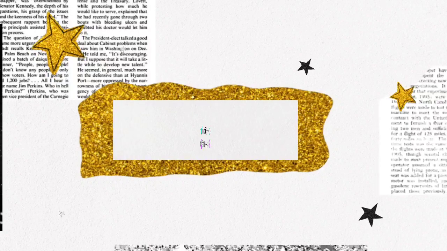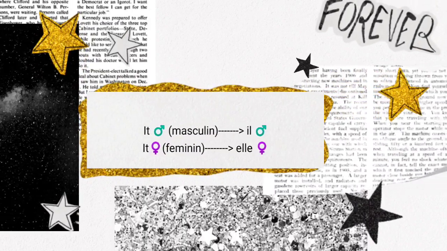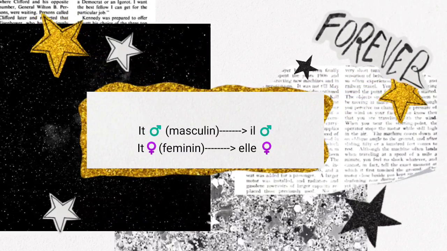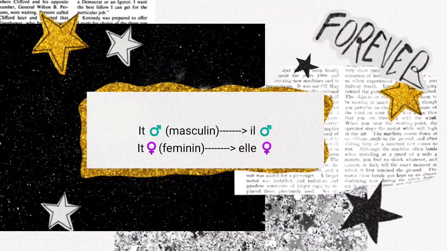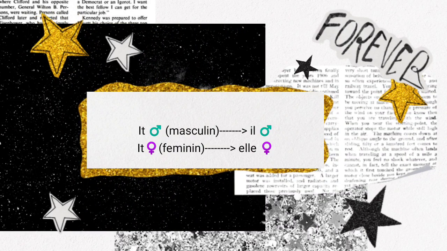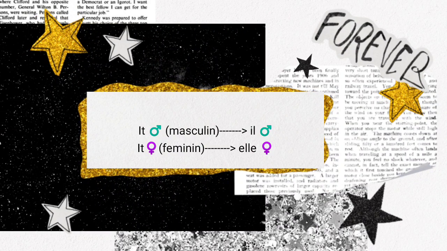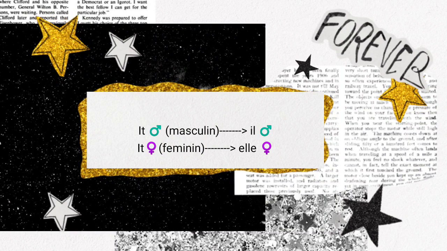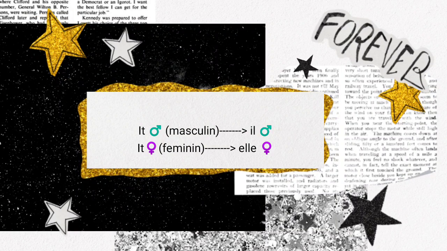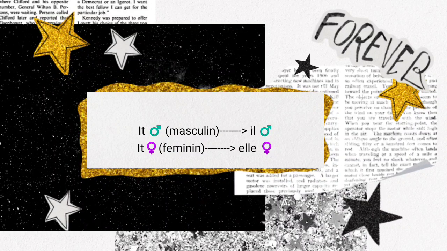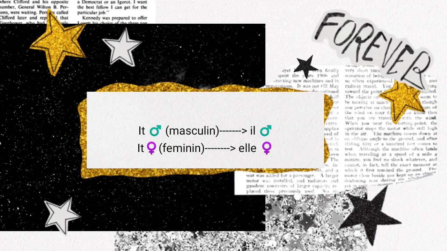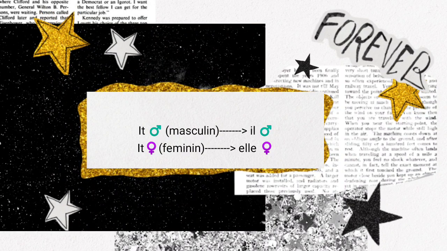So what we have done, when it design a masculine, it will be replaced by il. And when it design a feminine thing, it will be replaced in French by elle. So that's it.